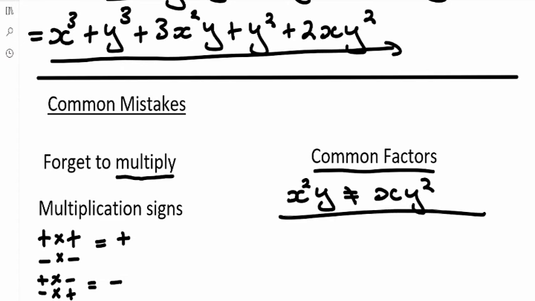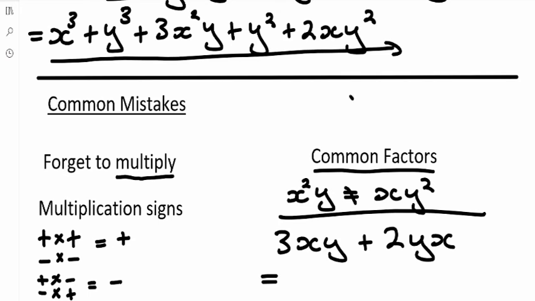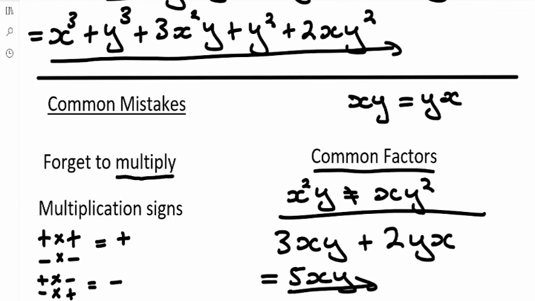However, if we had, for argument's sake, 3xy plus 2yx, this is easy to overlook. You might think to yourself, no, this is not a common term. But it is, because xy is the same as saying yx. So we could simply simplify this to 5xy, even if that's not written in alphabetical order for whatever reason. So just be on the lookout for things like that.